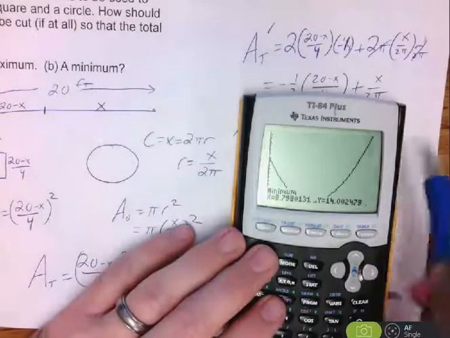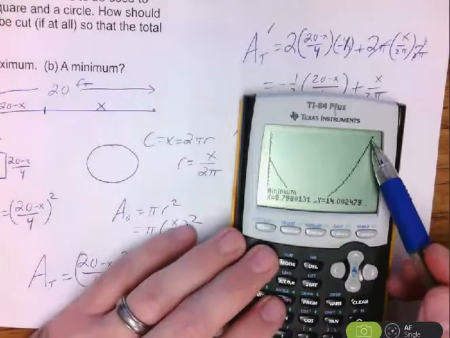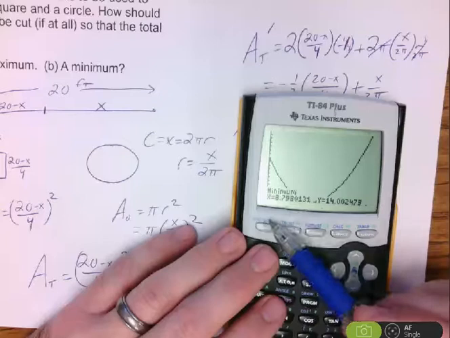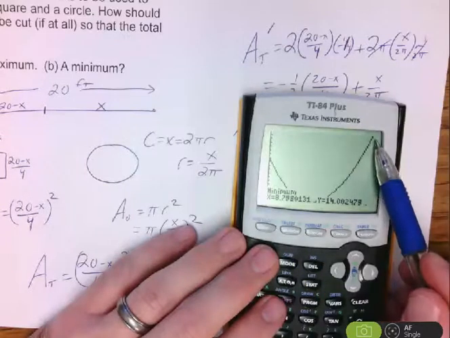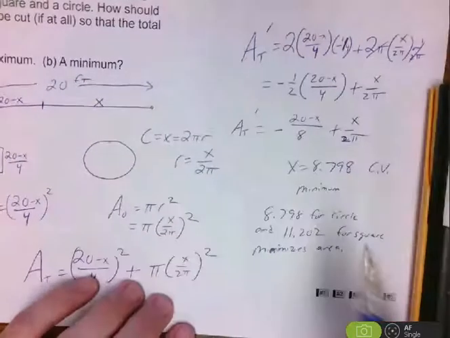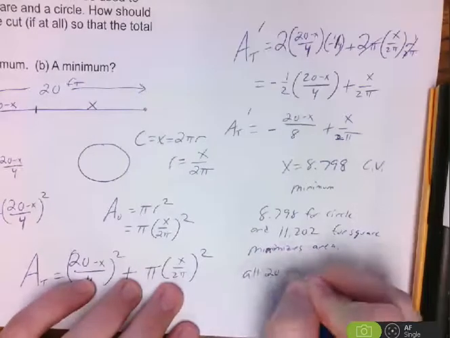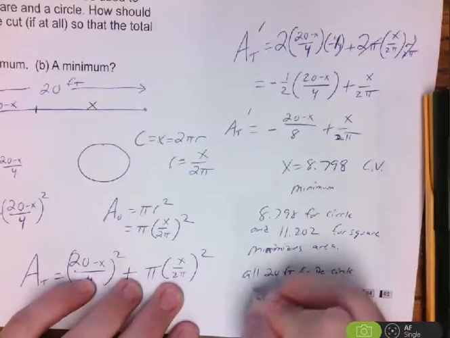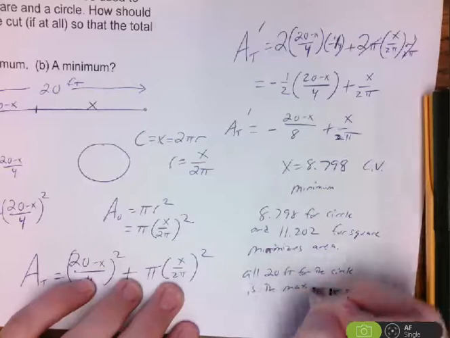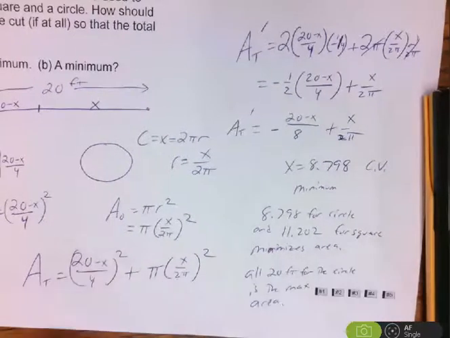And look at the max. The max is all the way up here when x is 20. When x is 0, if you use the whole thing for the square, you're only here. But if you use the whole thing for the circle, you're way up here. So if you want your maximum, all 20 feet for the circle is the max. That's how you would conclude that.